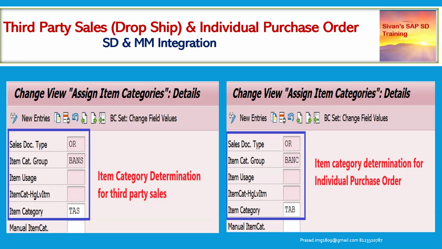So for these two business processes, the document type remains the same. The item category group and the item categories make all the difference. These two differentiate the third party scenario and the individual purchase order scenario.